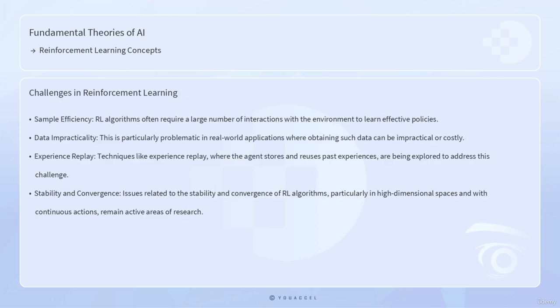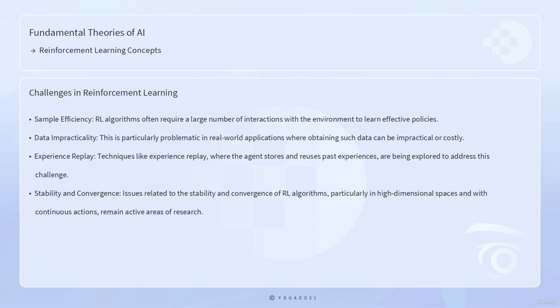Despite its successes, reinforcement learning faces several challenges. One major issue is the sample efficiency, as RL algorithms often require a large number of interactions with the environment to learn effective policies. This is particularly problematic in real-world applications where obtaining such data can be impractical or costly.